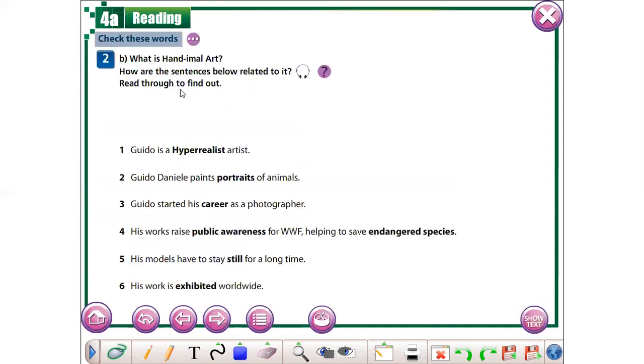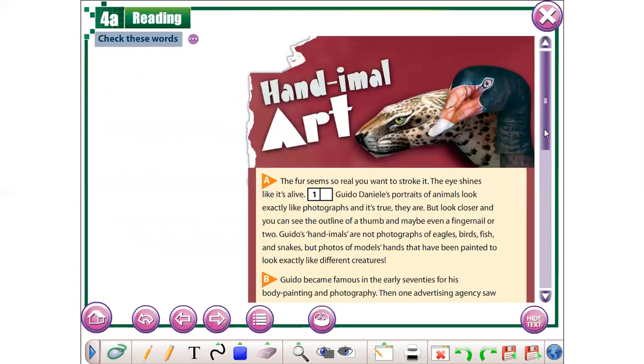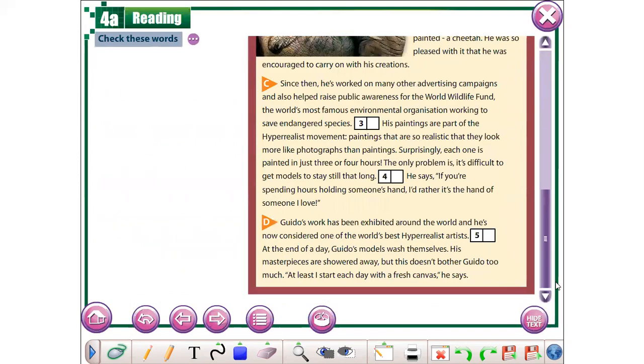Now, what is handimal art? How are the sentences below related to it? So you're going to read a text, listen and read this text. You have this text in your student's book.